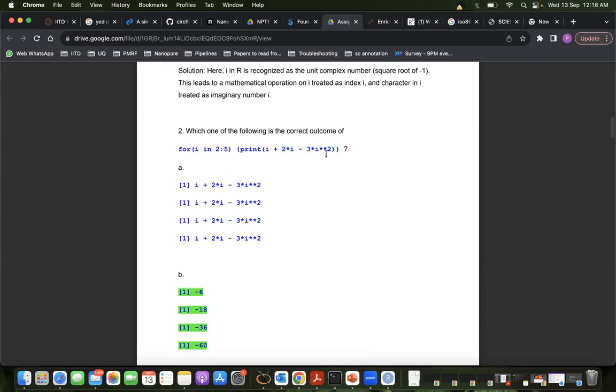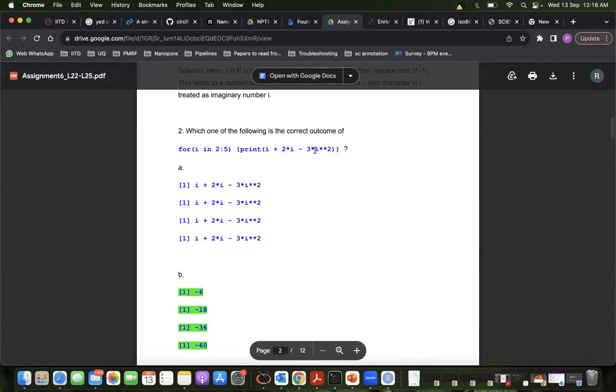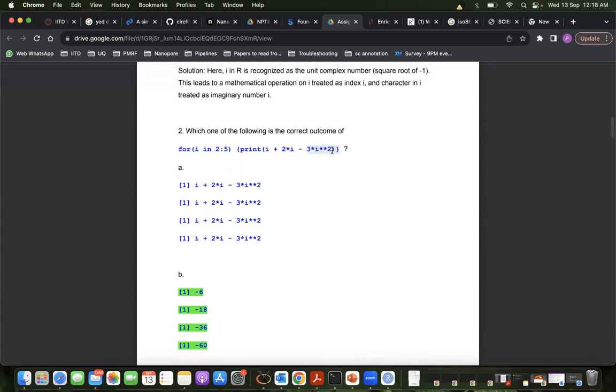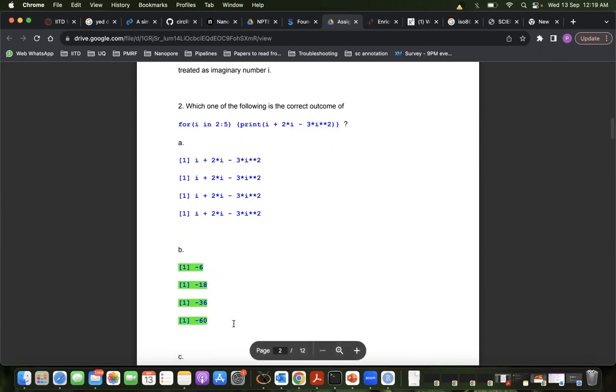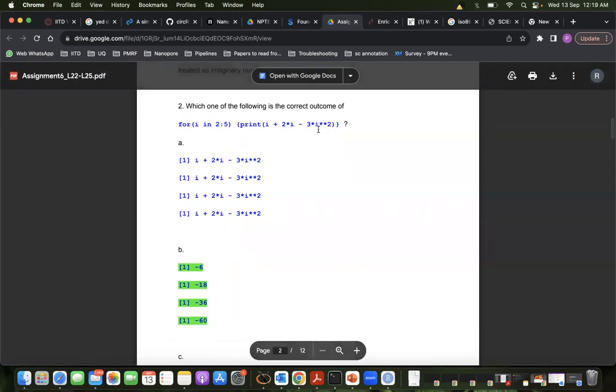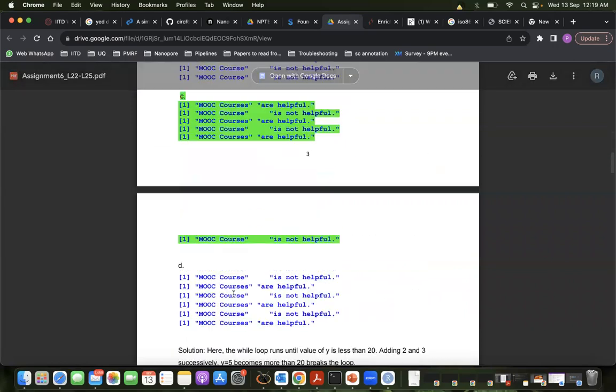And the double asterisk means to the power. So 3 multiplied by i to the power 2. There is BODMAS, right? So you first solve the power, find the square, then multiply it by 3, and then do simple addition and subtraction. Once you solve it, either manually or by copy pasting this in R, you will get this answer.